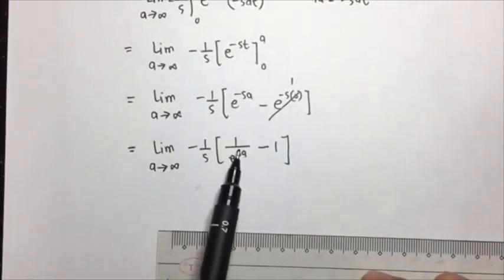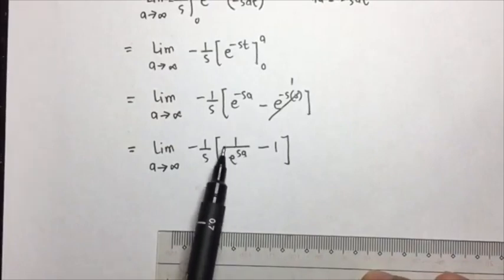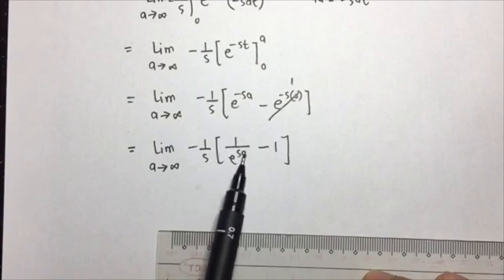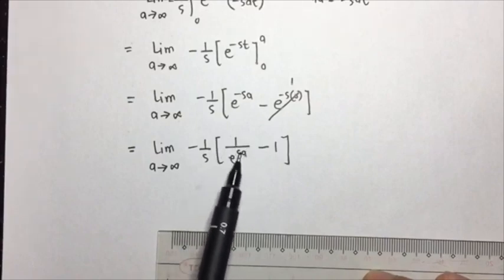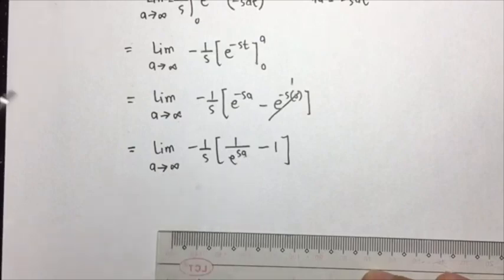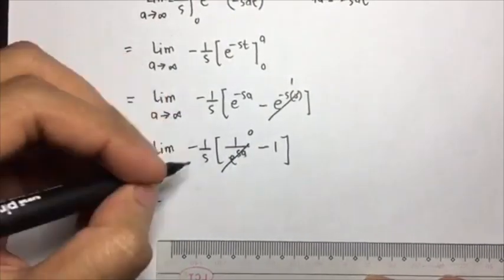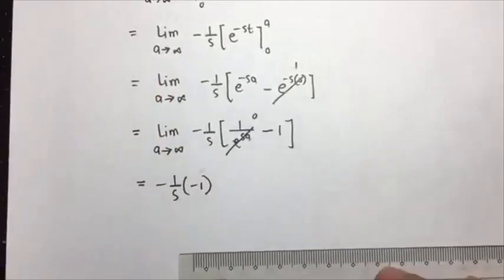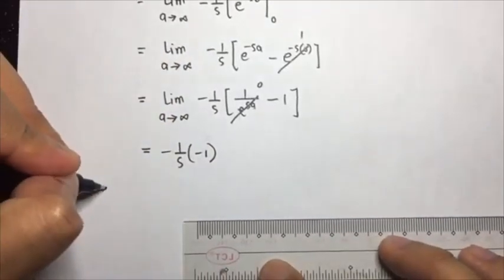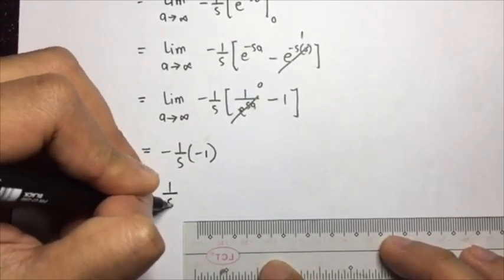If a approaches infinity, the value of this fraction will become 0, because 1 over e raised to infinity is 1 over infinity, and its limit approaches 0. Therefore what will remain is negative 1 over s times negative 1, or the Laplace transform of 1 is simply 1 over s.